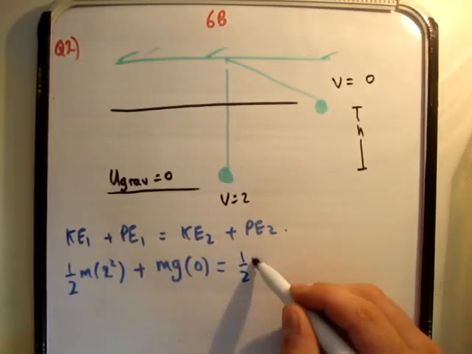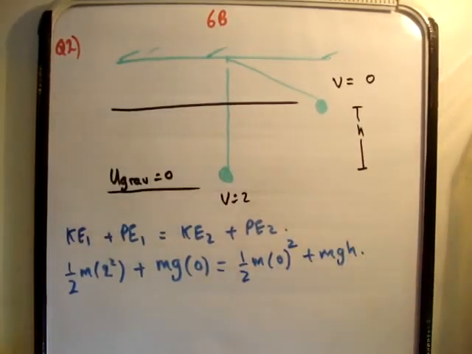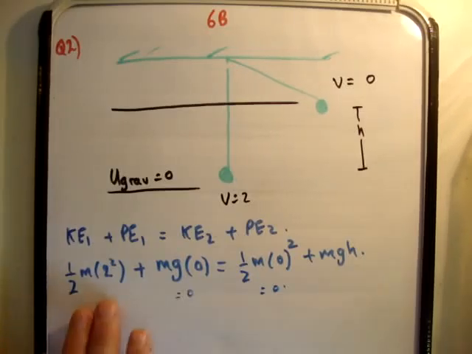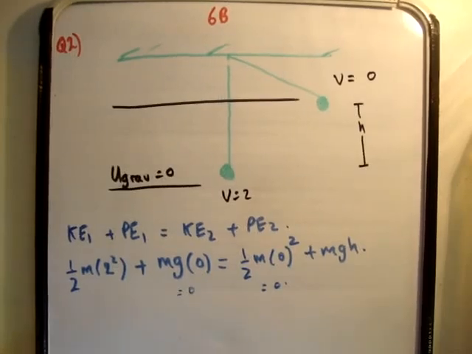It's half m times 0 squared plus mgh, because we don't know the height at the second potential energy point. So this is going to be equal to 0 and this is going to be equal to 0. If you're thinking about this with a bit of a physics hat on, you'll see of course that the kinetic energy is being completely converted into gravitational potential energy.